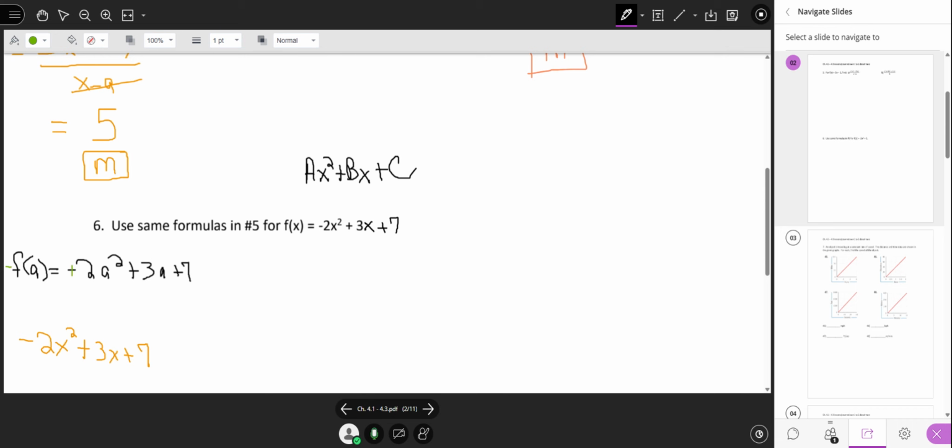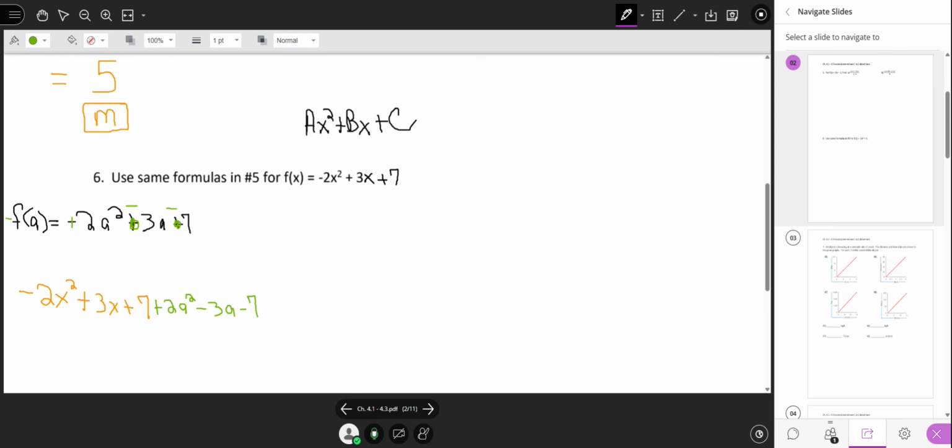So change all of our signs. So plus 2a squared minus 3a minus 7 all over x minus a.